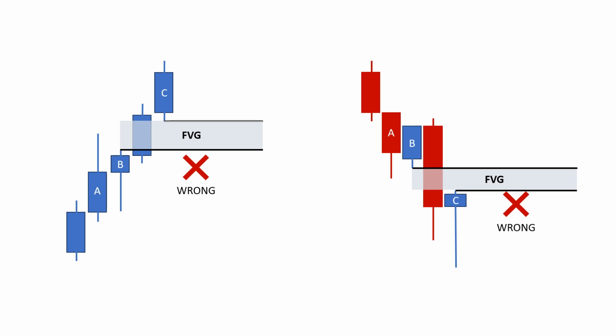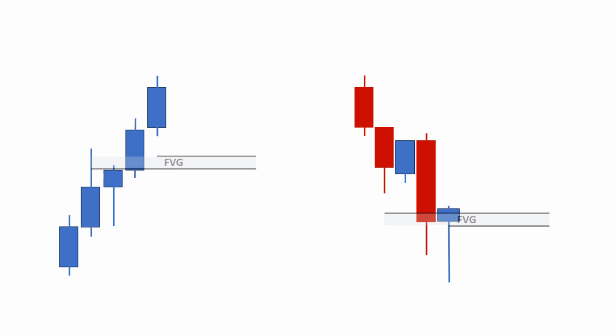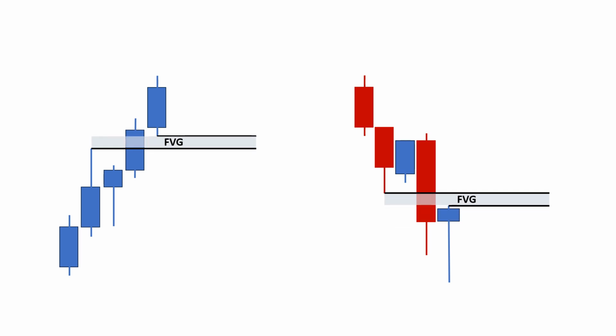As you can see here, candle B is inside candle A on both charts. Therefore, the fair value gap cannot be between B and C, but it should be between A and C.